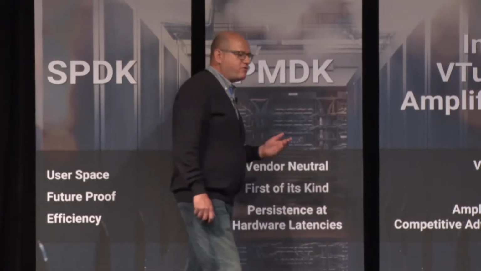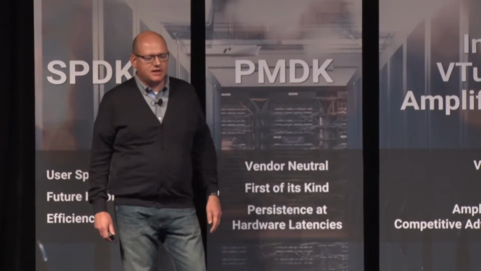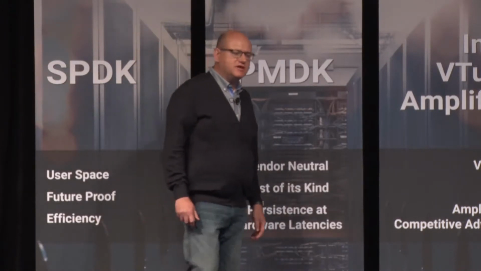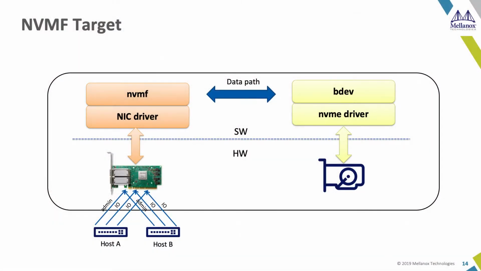But if we are talking about a real NVMe drive, we can just take the IO that comes to the network card and put it into the local NVMe drive without any CPU involvement. So this slide demonstrates how we can accelerate the NVMe over Fabric Target by offloading the protocol to the network card.